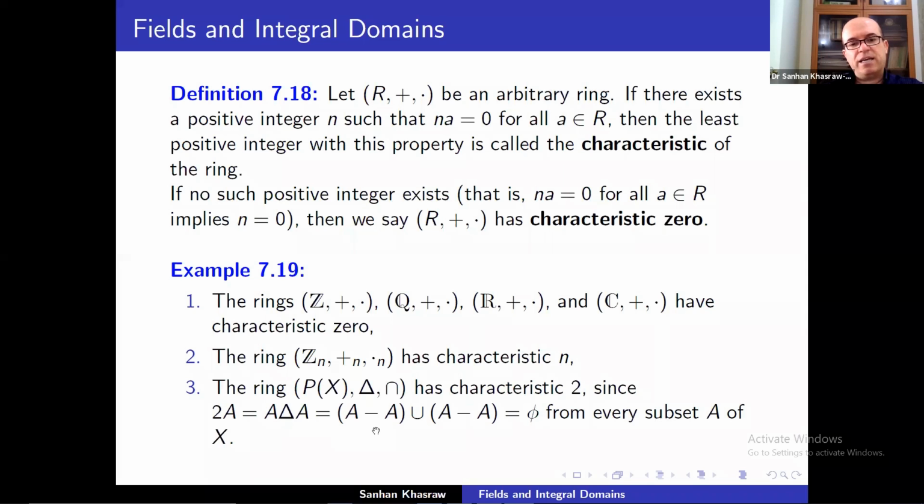So a delta a, from the definition, is (a minus a) union (a minus a). Both sets are empty, which is phi, so the result is phi. This phi is the identity with respect to the operation delta. So this ring has characteristic 2. Actually, this ring is a Boolean ring. Maybe I will talk about it later.